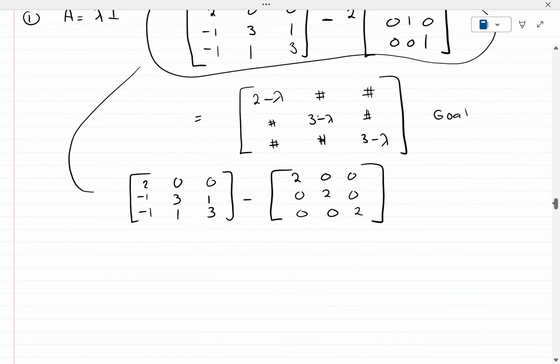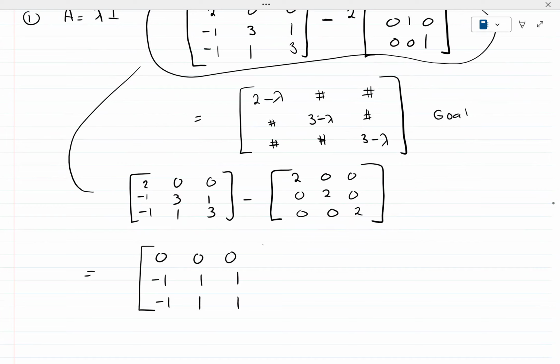So when you subtract these two matrices, and you can subtract them because they're definitely 3 by 3, you get this. 2 minus 2 is 0. This is going to be 0. This is going to be 0. And this is going to be -1, 1, 1, and then -1, 1.